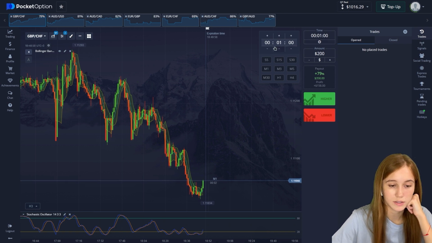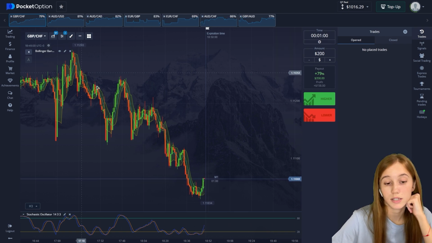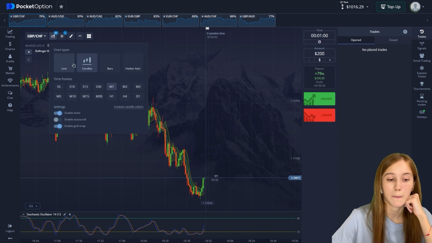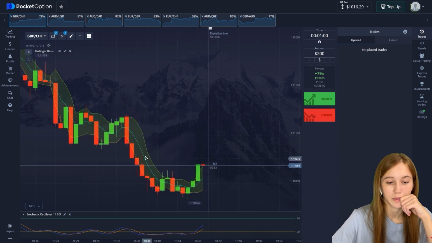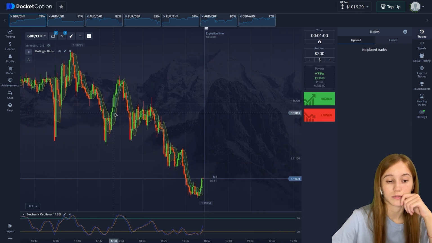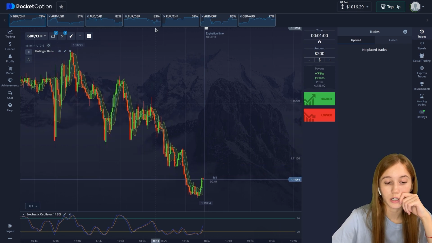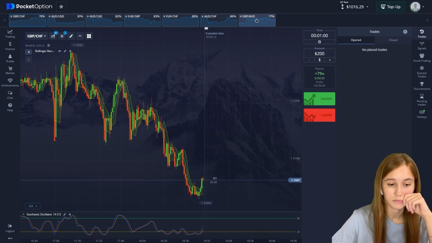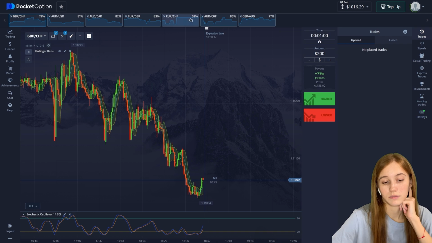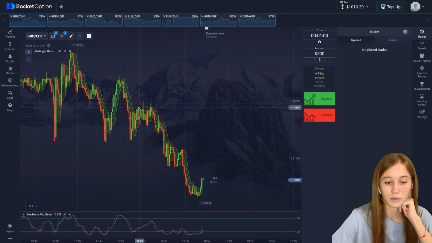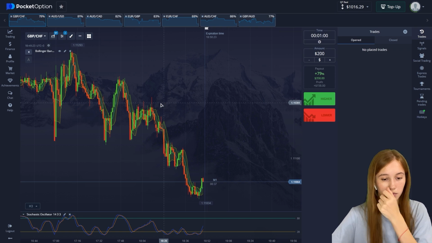Our parameters: deal time is 1 minute, and the time frame on our chart is also 1 minute. This is the time with which the candle is shown on the chart and changed accordingly. You can see it in the upper corner.